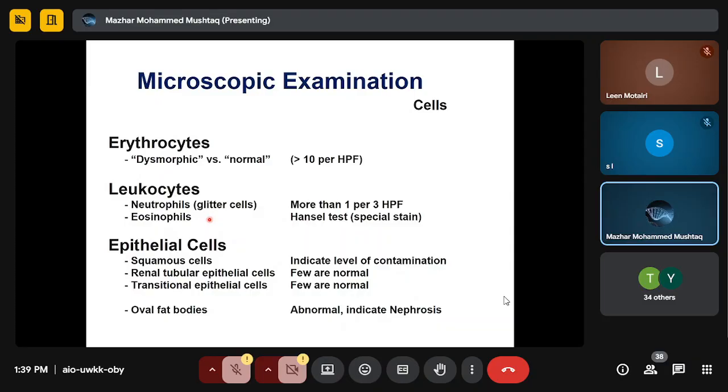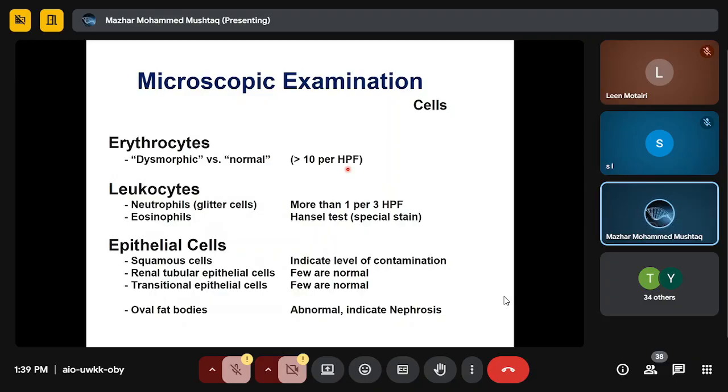Similarly, the leukocyte, the neutrophil, eosinophil, epithelial cell, squamous cell, renal tubular cell, transitional epithelial cell, or some of the fat bodies. All these things can be seen under the microscope. You do not have to know their specific names and the specific reason, but you must know the basic principle. Erythrocyte can be dysmorphic or normal.